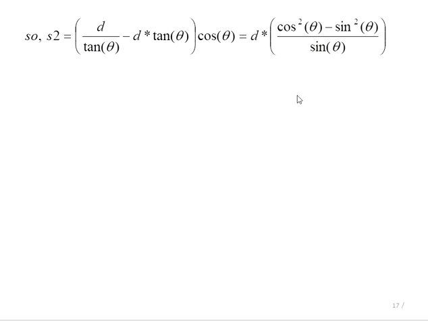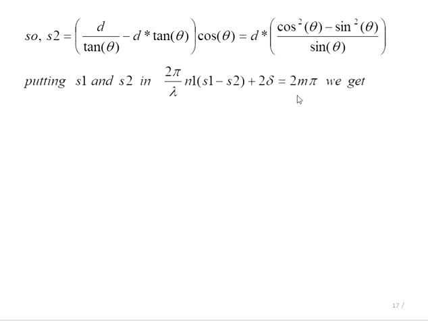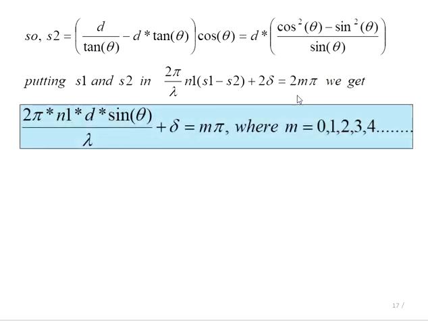So if we put the values of s1 and s2 in the phase condition, that is 2 pi by lambda n1 (s1 minus s2) plus 2 delta equal to 2m pi, and simplify, we will get the final equation or condition for sustained constructive interference: 2 pi n1 d sin theta by lambda plus delta is equal to m pi.